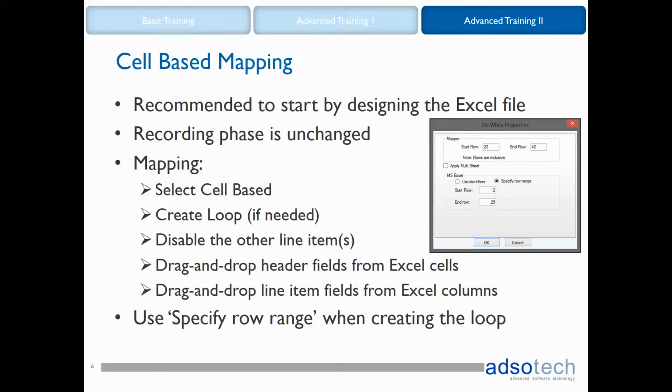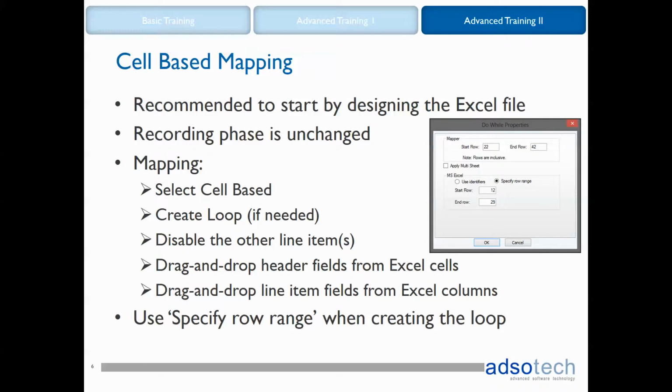Very often, a form of this kind is designed so that the header data is up top and the possible line items are underneath that. Therefore, we want to specify a row range, so starting from which row do we have the line items, and if we want to specify an end row.